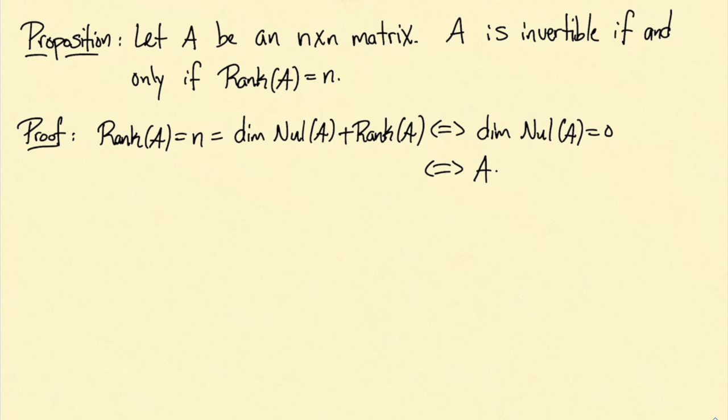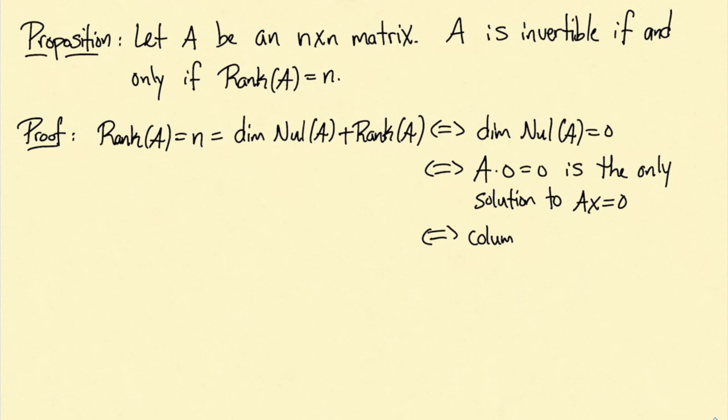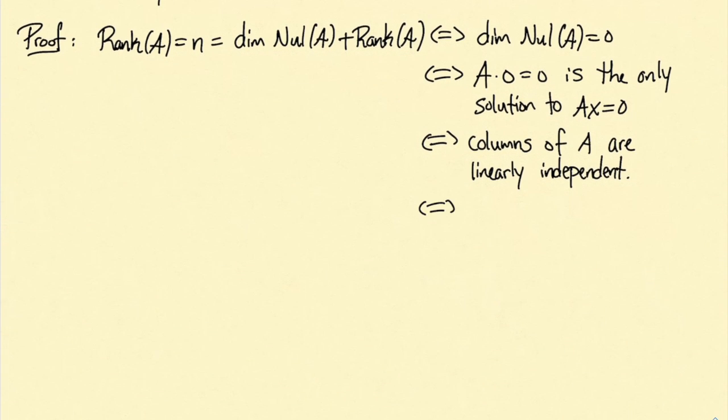The null space has dimension 0 if and only if the only solution to the homogeneous equation is the trivial solution. And we know that this is true if and only if the columns of A are linearly independent. We know that the columns of a matrix are linearly independent if and only if every column contains a pivot position.